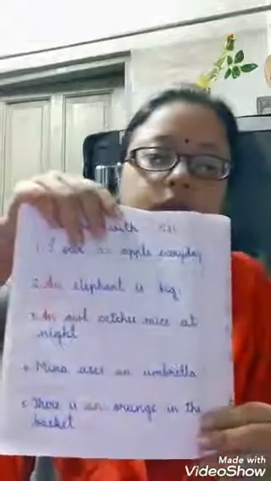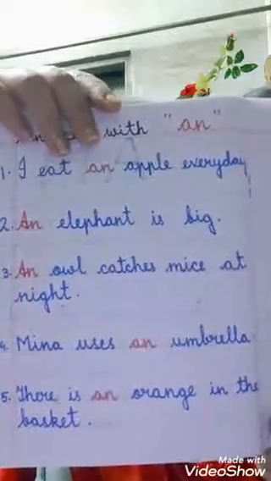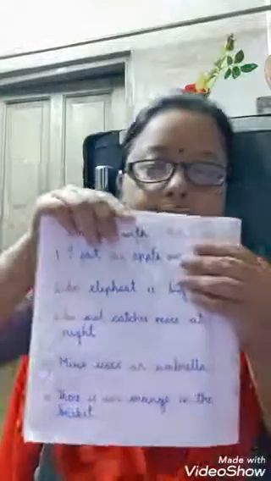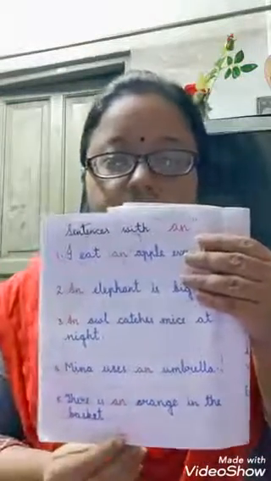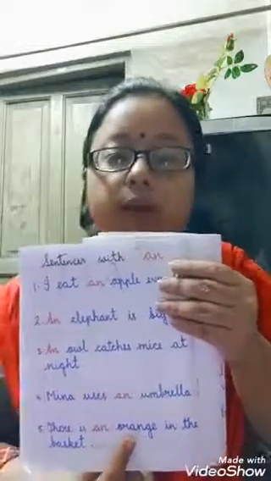I'll bring it a little closer. There is an orange in the basket. How many of them? One.